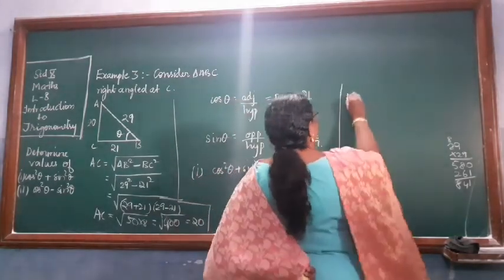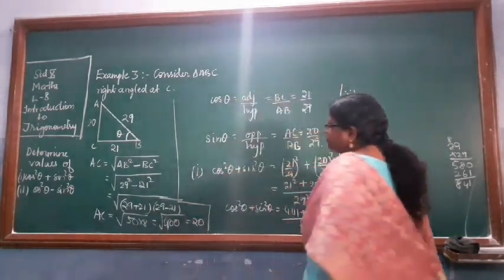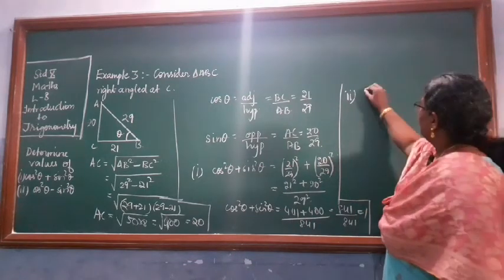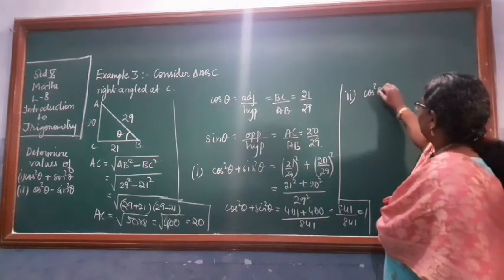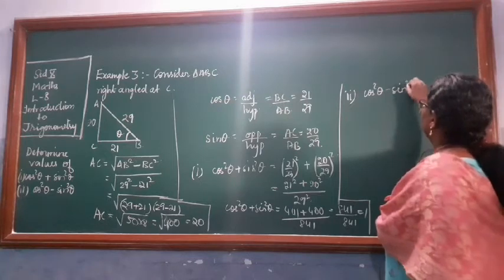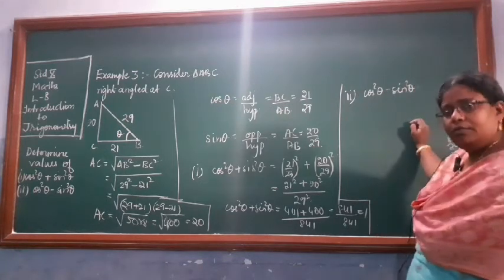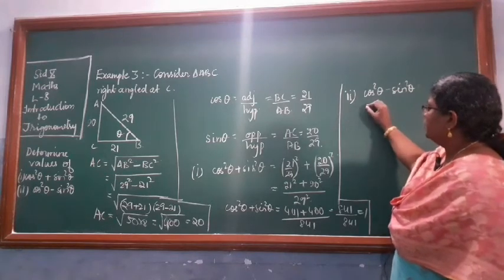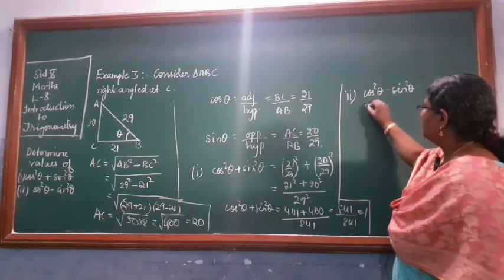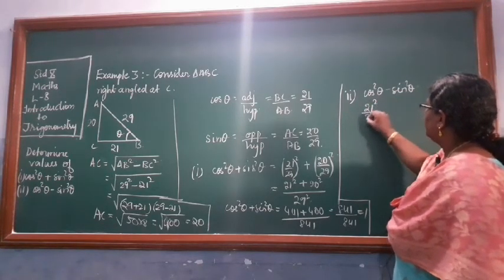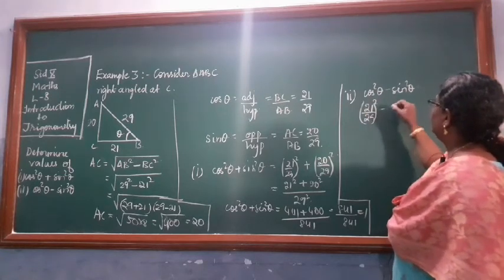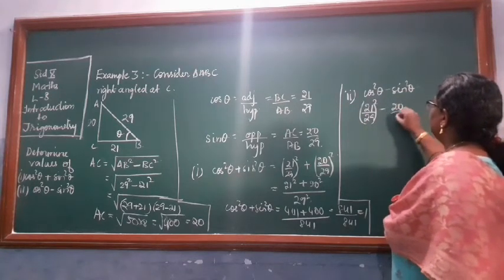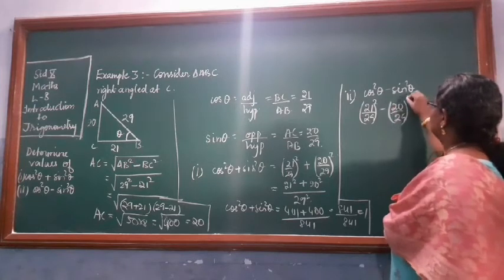Now going to the second one. You have to find the value of cos square theta minus sin square theta. So just substitute the values. Cos square theta was equal to 21 by 29 the whole square minus 20 by 29 the whole square.